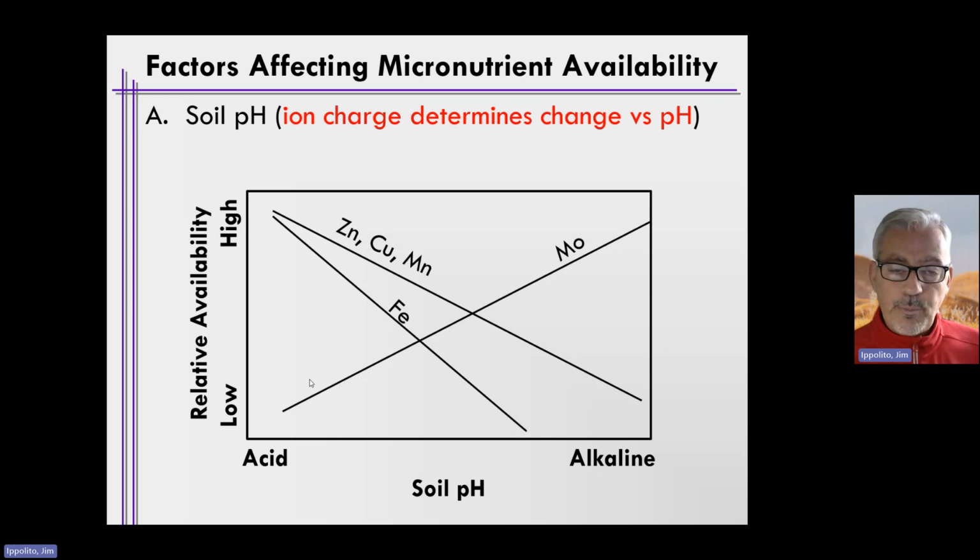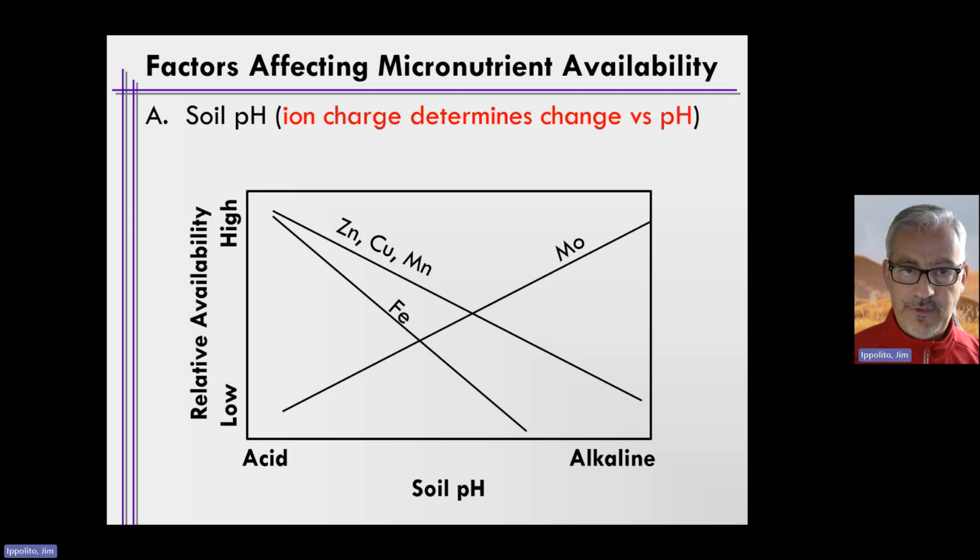It's not expressed on this figure, but the y-axis should be expressed on a log scale in terms of availability. Because the y-axis should be on a log scale, the change in availability should be 10 to the power of the charge of the ion.